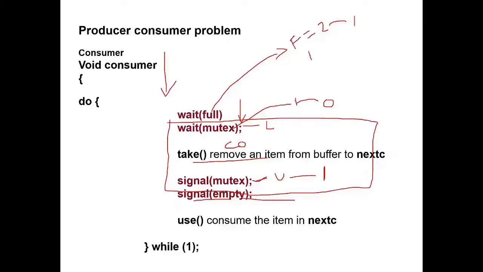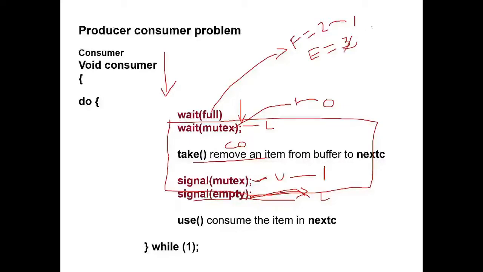So the empty value we were having earlier was 3. Now after consuming 1 data from the slot, signal is going to increment the value of empty. Earlier it was 3.